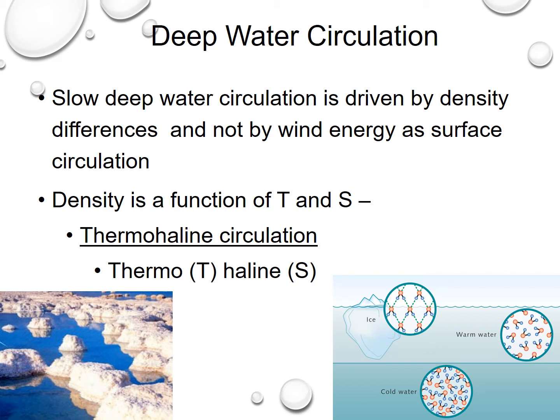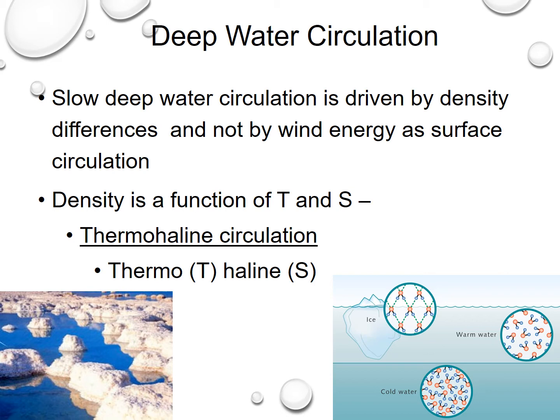So the slow deep water circulation is driven by density differences and not by wind energy as the surface circulation is. We call it the thermohaline circulation because density is a function of temperature and salinity. T stands for thermo and S for haline, so thermohaline circulation.